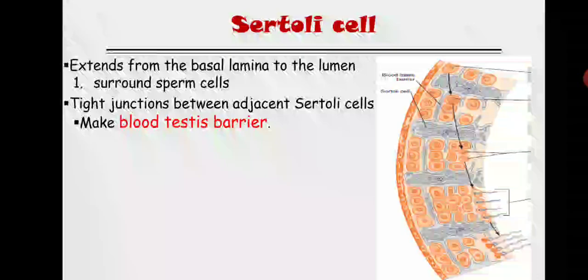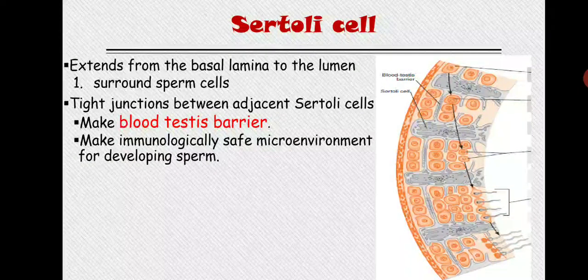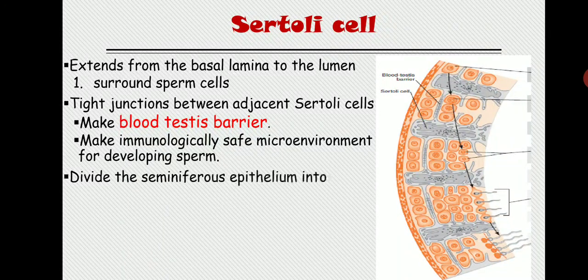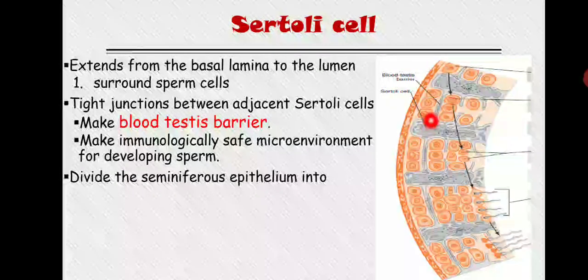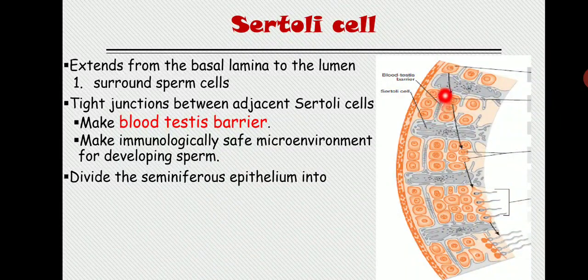By making this blood testis barrier, it makes an immunologically safe microenvironment for the development of the sperm, and basically it divides the seminiferous tubule into two compartments. You can see that this blood testis barrier divides the seminiferous tubule into two compartments, one toward the lumen side and one toward the basal side.